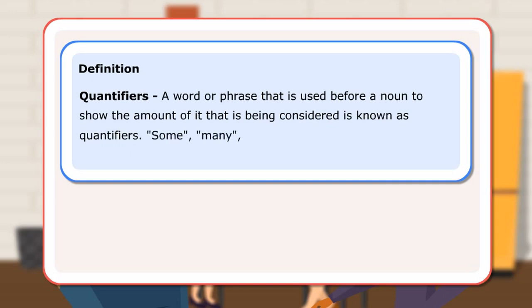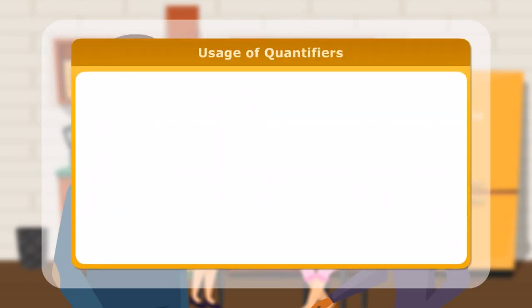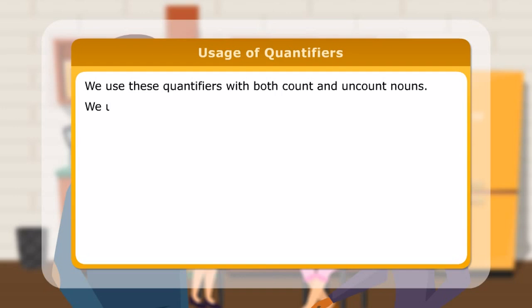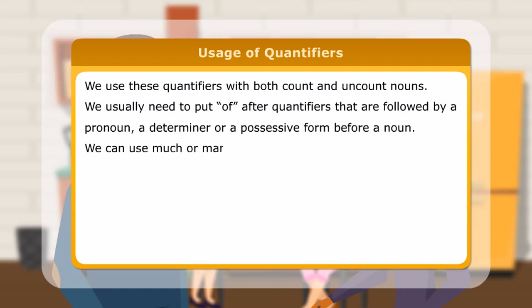Some, many, a lot of, and a few are examples of quantifiers. Usage of quantifiers: we use these quantifiers with both count and uncount nouns. We usually need to put of after quantifiers that are followed by a pronoun, a determiner, or a possessive form before a noun. We can use much or many with this and that.